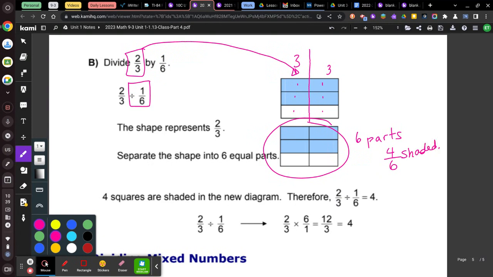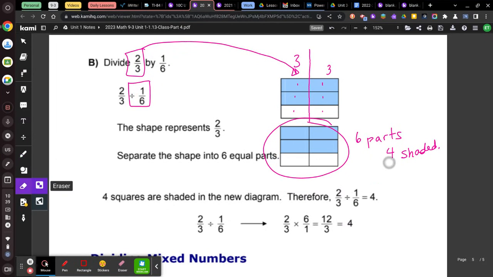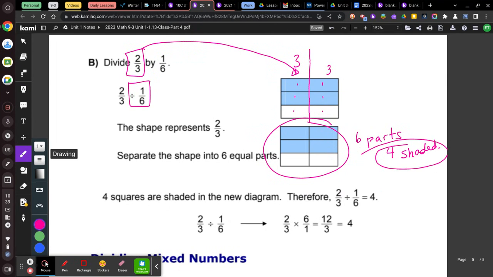Okay? So if I were to divide them, that's going to give you 4 shaded objects. Okay? So we're just worried about how many are shaded. That's what we're worried about in the end, is how much do we have shaded in our final diagram.